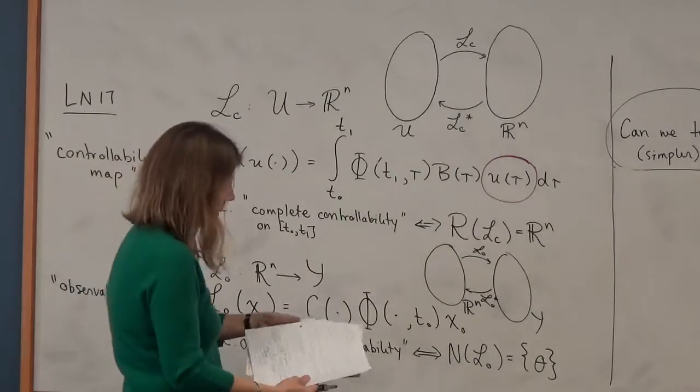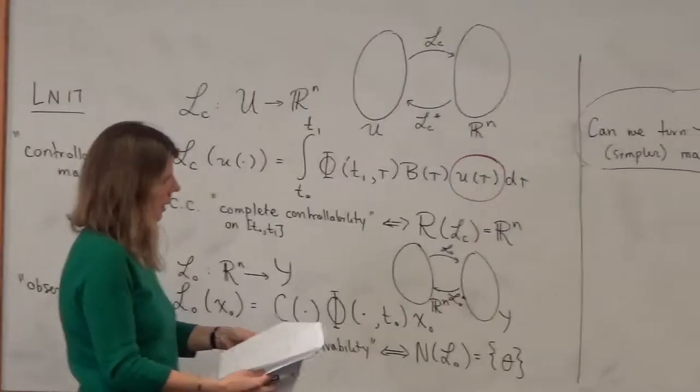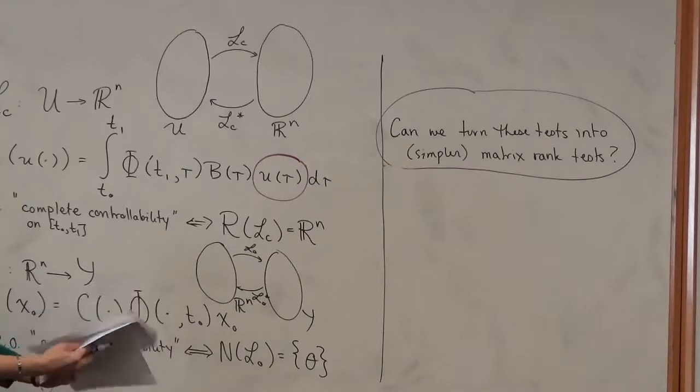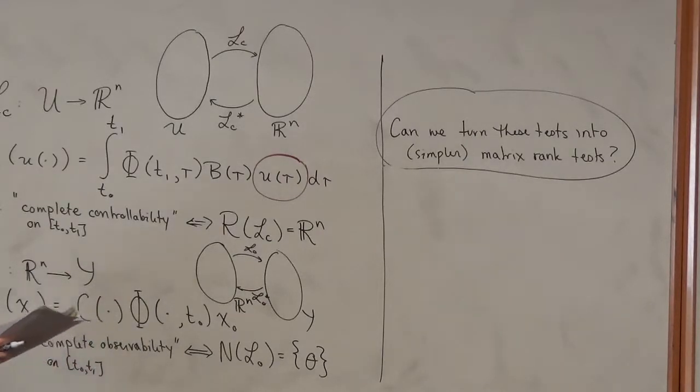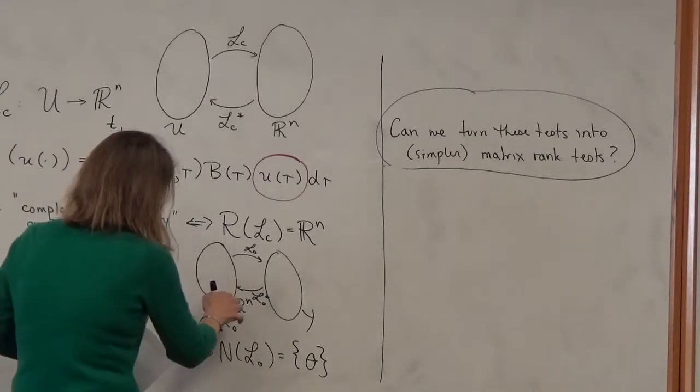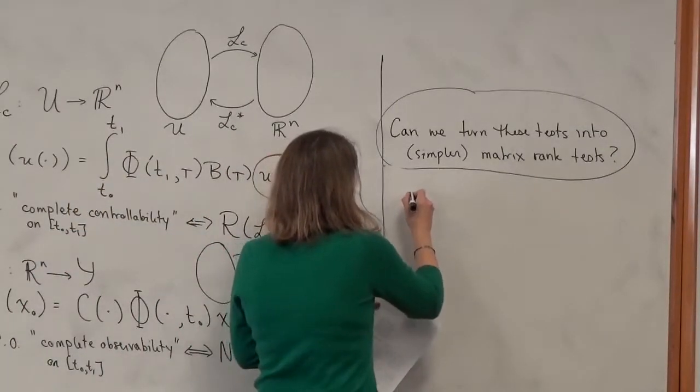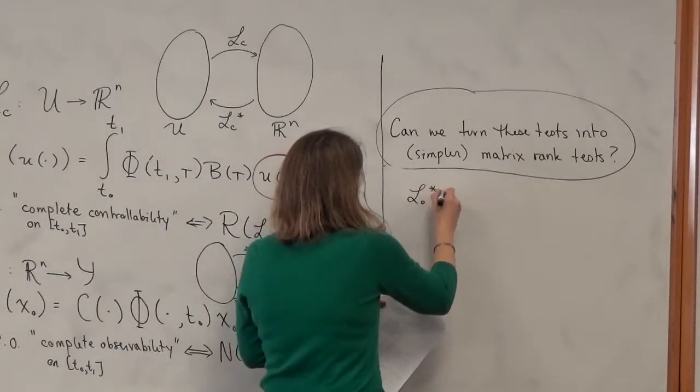Suppose we go back to our very useful proposition and look at the piece which is related to the null space. So I'm going to look at the null space of LO star LO.